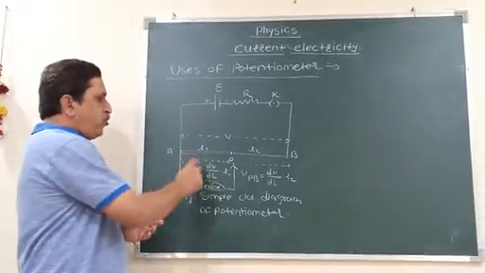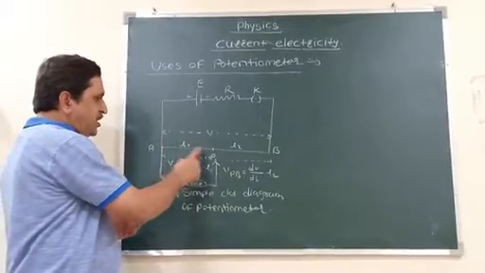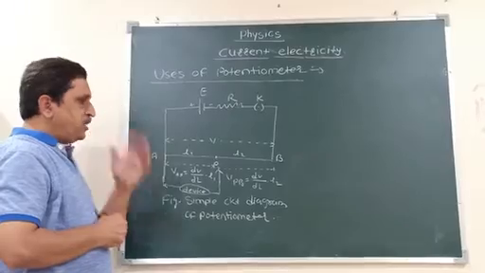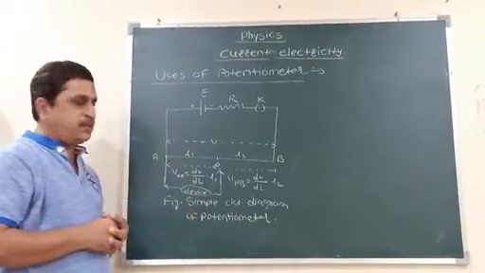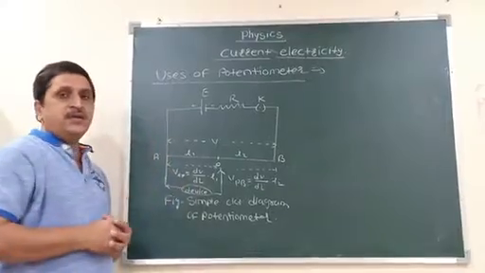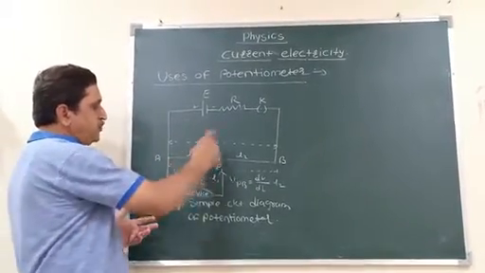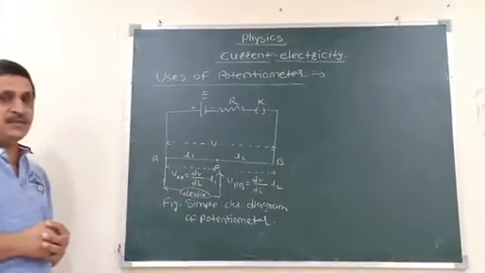We know that according to the concept of potentiometer, potential difference between any 2 points of the wire is directly proportional to the length of that wire between those 2 points. Now here suppose dV is the small change in the voltage, dL is the small change in the length along which we are sliding that jockey, and L1 is the balancing length.